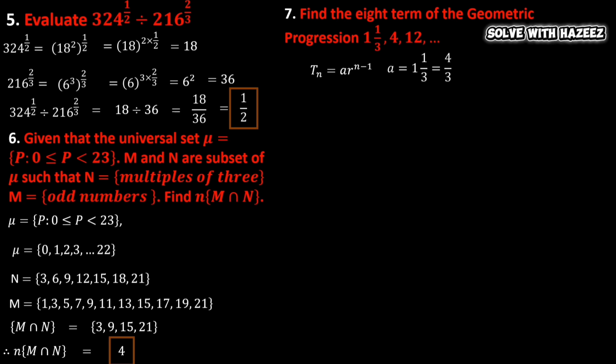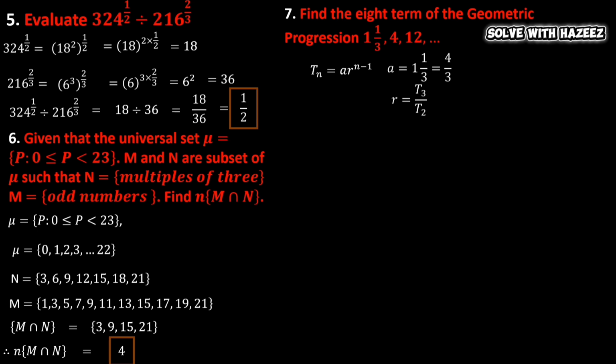So now firstly, we need to know A. What is the meaning of A? A is the first term in the given sequence. So A, the first element, is 1 1/3, which is the same thing as 4/3, by changing from the mixed fraction to an improper fraction. So we have 4/3. Now how do you find the common ratio? Common ratio is defined to be the second term divided by the first term, or the third term divided by the second term, and it continues like that.